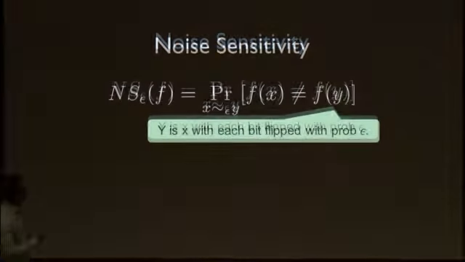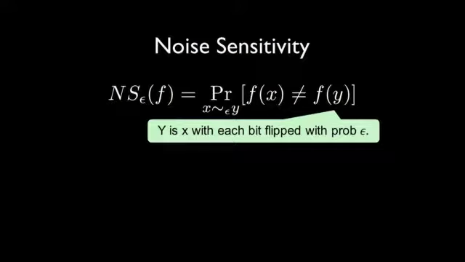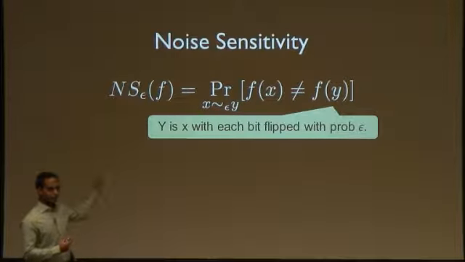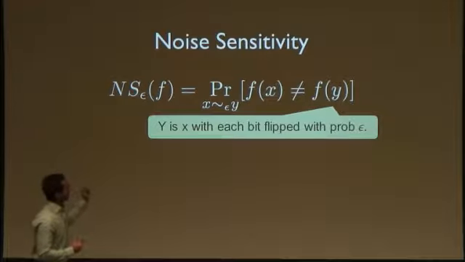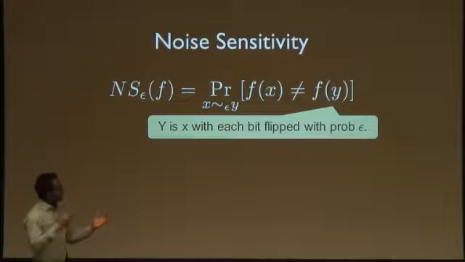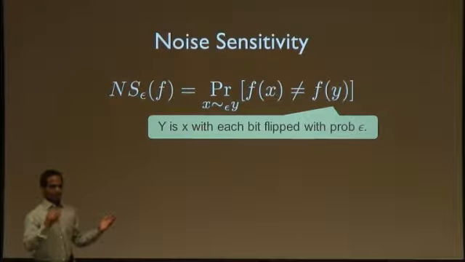And this can be captured by this nice concept from the analysis of Boolean functions called noise sensitivity. So you have some Boolean function f and some noise parameter epsilon, and the noise sensitivity of f is the probability that the function evaluated at a random point changes its value when you perturb each coordinate of the random point with some probability epsilon.